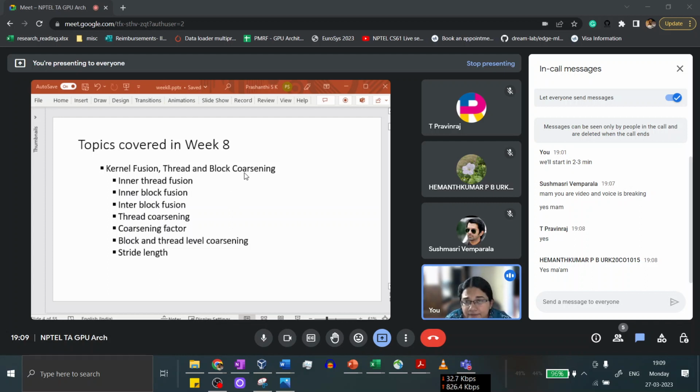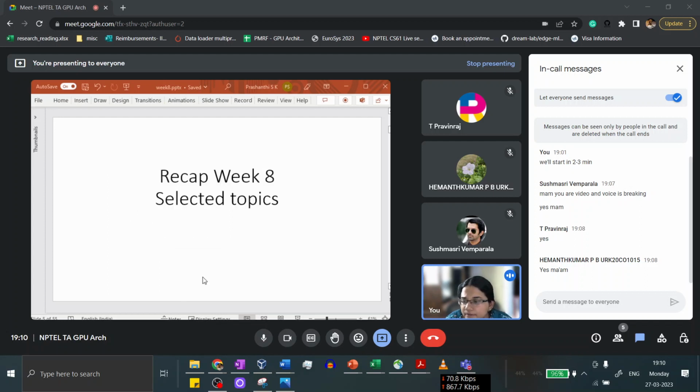In terms of coarsening, we studied thread coarsening, the coarsening factor, the different types of coarsening, basically block and thread level coarsening, and factors like stride length. We'll discuss more problems along all of these topics today, and we'll also have a slightly more detailed recap, because I know this is a lot to take in. So let's get started with the recap.